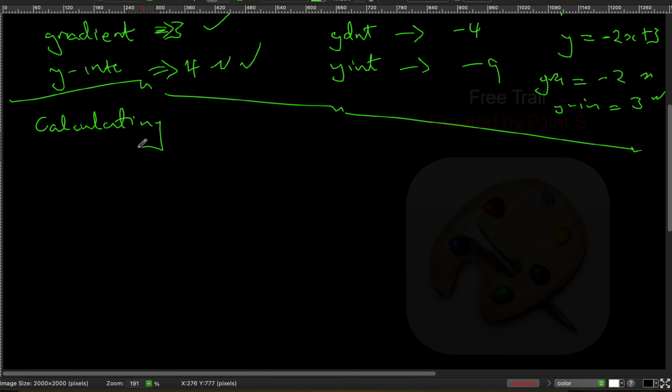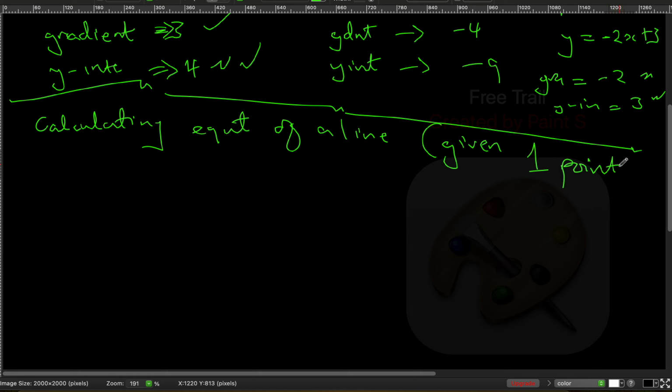Calculating the equation of a line. Let's start with the case where we are given one point and the gradient.